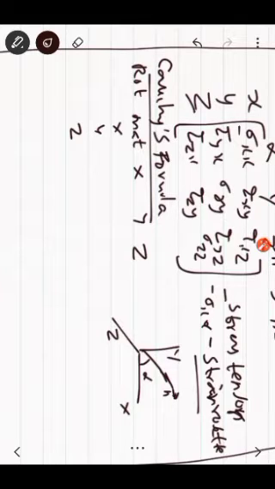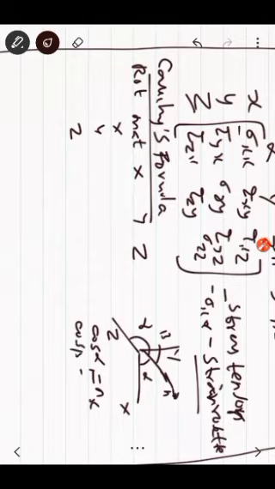So if it is alpha to x, beta to y and gamma to z, you can write cos alpha along the x direction, hence it is called nx, cos beta along the y direction, hence it is called ny, and cos gamma along the z direction, hence it is called nz.